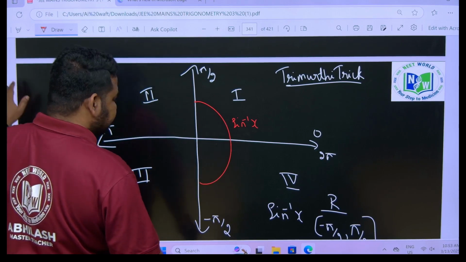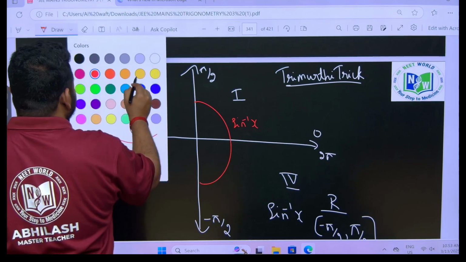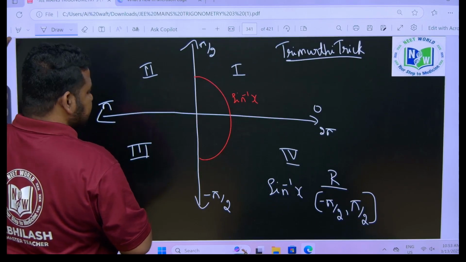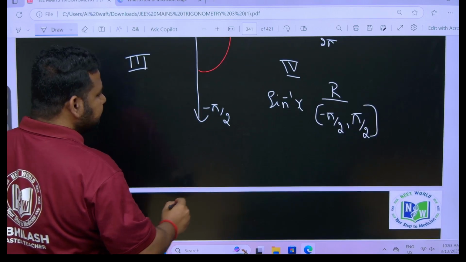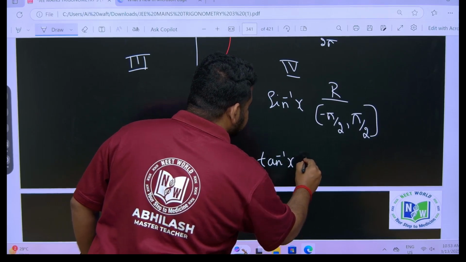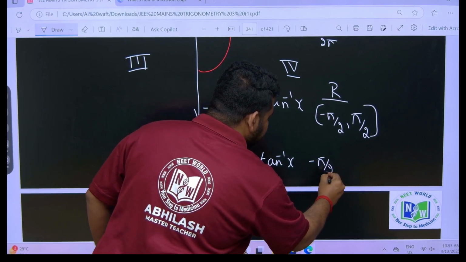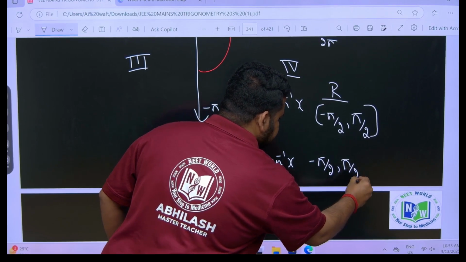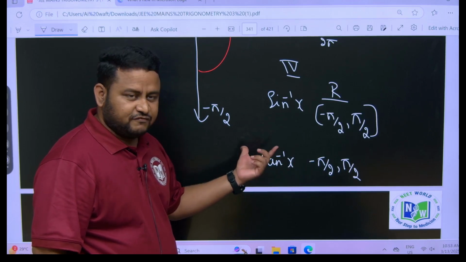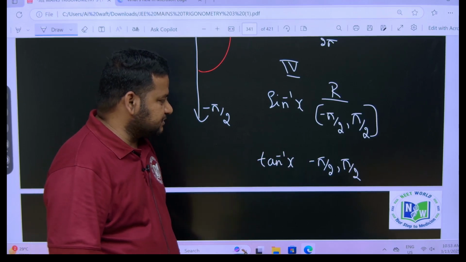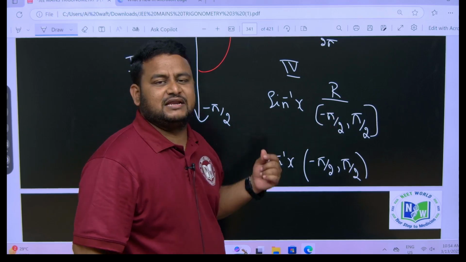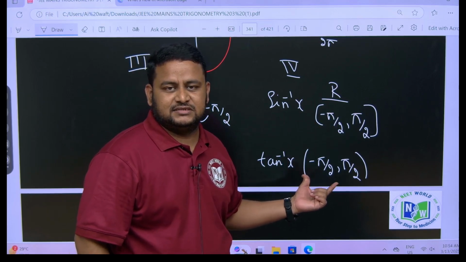Next, when I talk about cosec inverse of x, before that let me talk about tan inverse of x, friends. Tan inverse of x is also minus pi by 2 to plus pi by 2. Now we have to focus very much, because here this is a closed interval and this is an open interval.